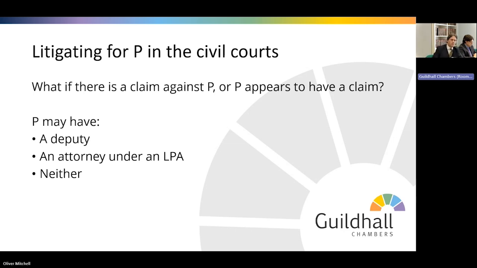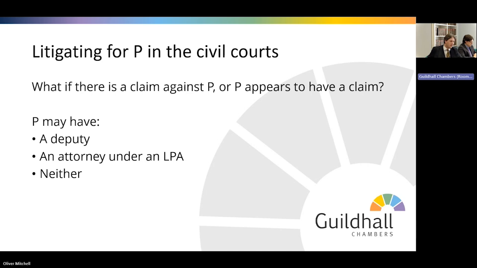All right, so what we're thinking about today is litigating for P in the civil courts, by which I mean for these purposes the courts covered by the civil procedure rules, so High Court and the County Court essentially.